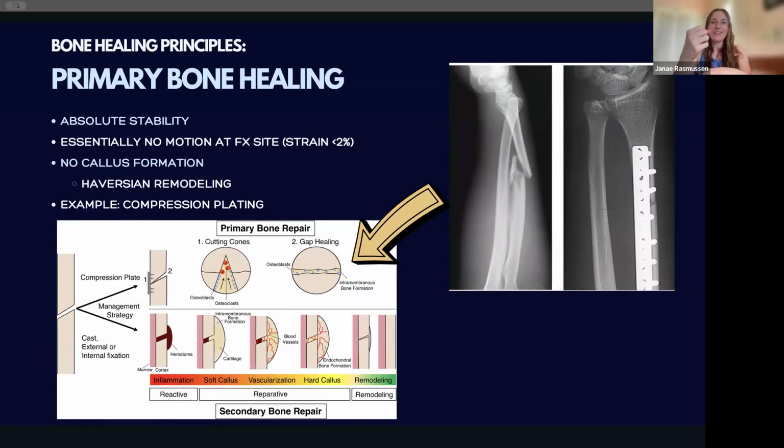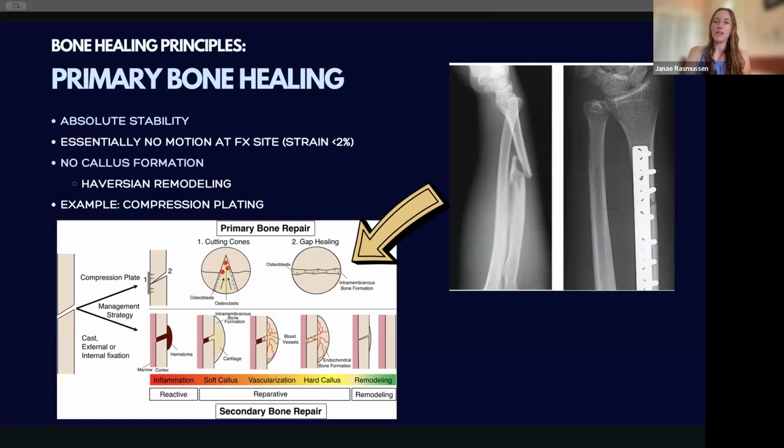And what this means is that you're not going to get a lot of callus formation. What a callus is, this is essentially where if you have a lot of comminution, meaning big fragments within the bone, or you have a lot of space, that callus can basically come in and it has all these healing factors that start from a hematoma that comes in, and then it starts with being able to form new bone down the line.